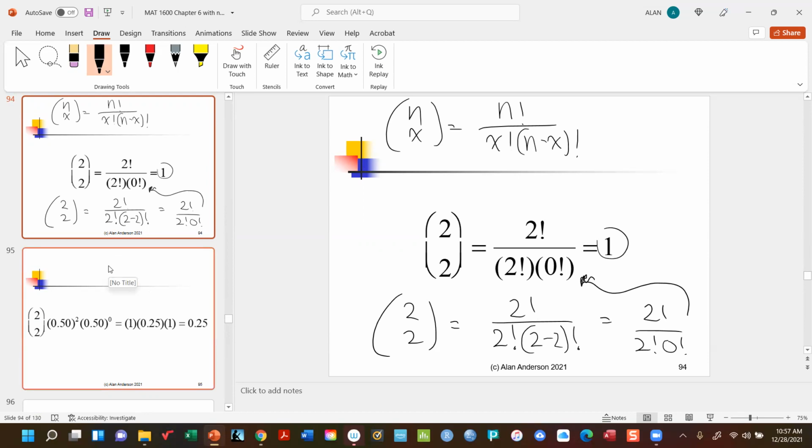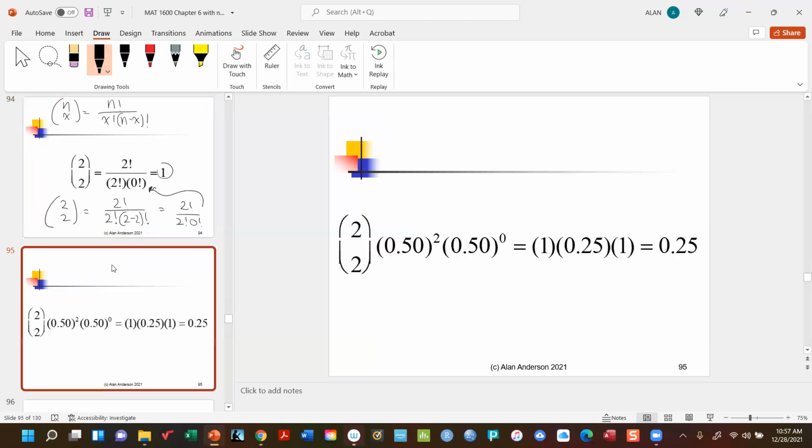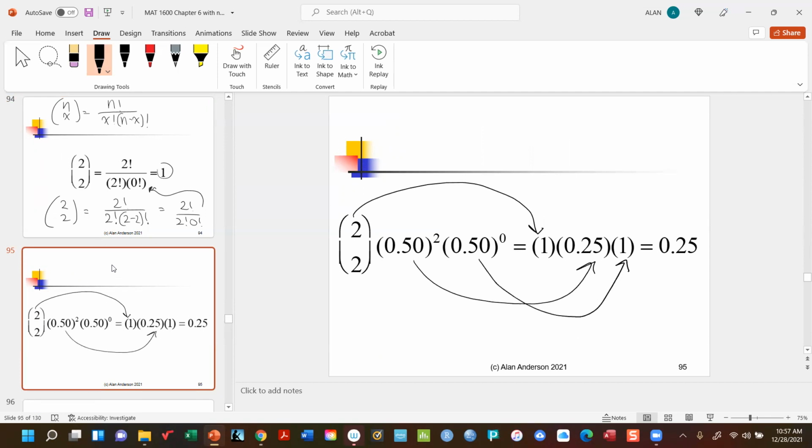Now we're ready to plug this back into the original formula. And so we know that this is equal to 1. 0.5 squared is 0.25, 0.5 to the 0 is 1, and there you go.